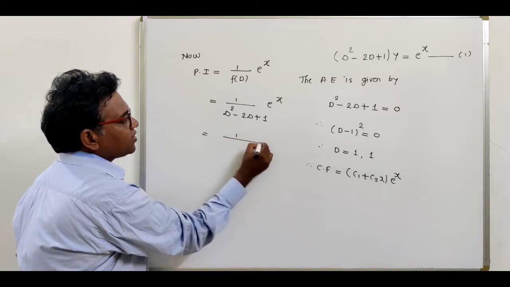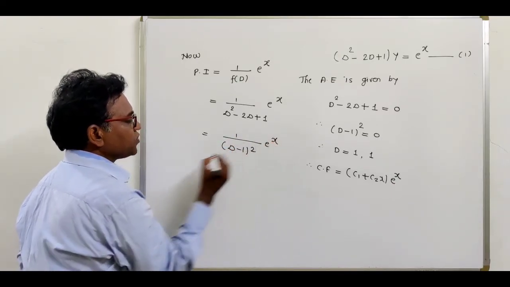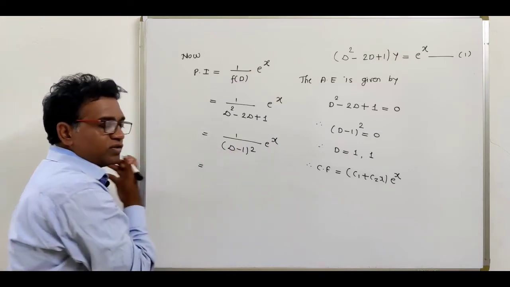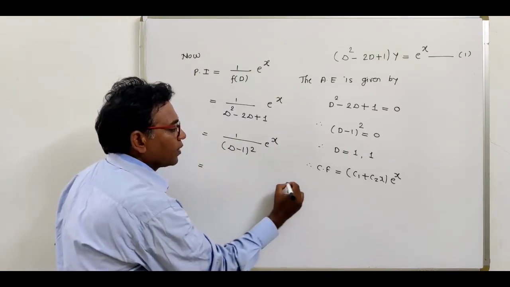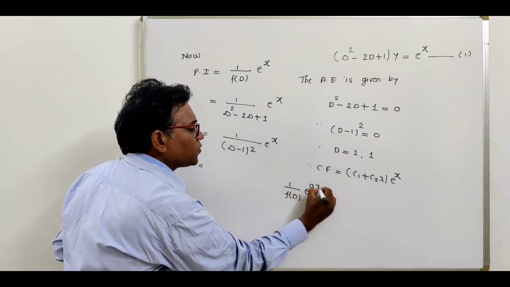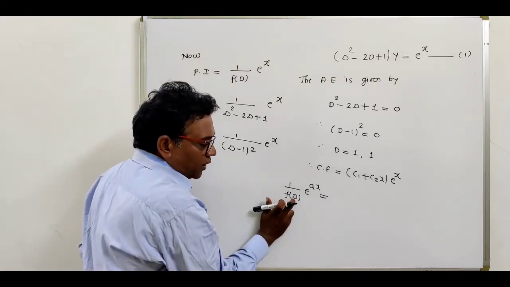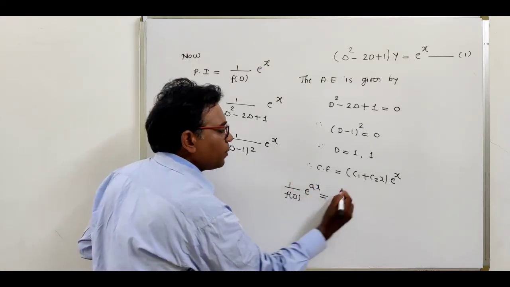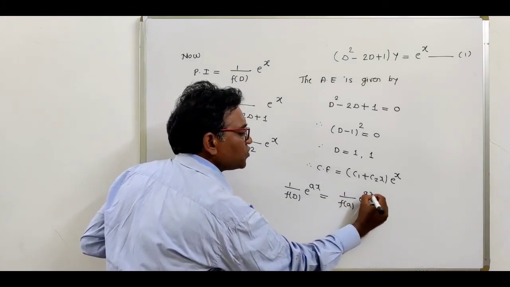Write down the expansion. This is (D minus 1) squared into e raised to x. Now solve this operator. Now see what is the formula. 1 upon f(D) into exponential term is given by the formula, just replacing D by this number a, so this is 1 upon f(a) into e raised to ax.